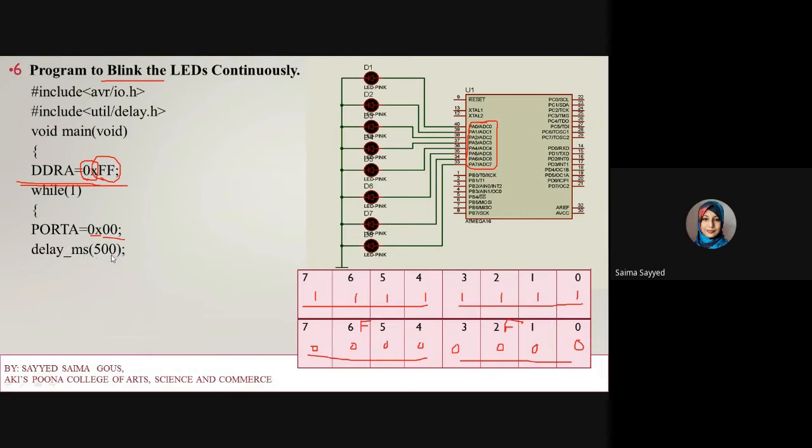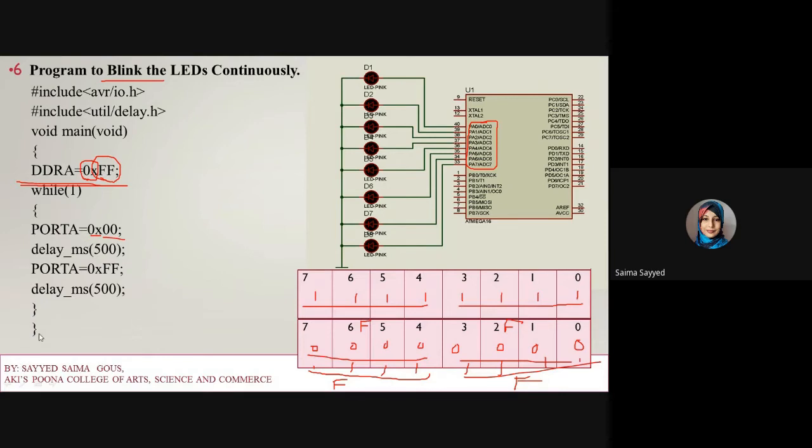After 500 milliseconds, all LEDs should glow. To glow the LEDs we have to make the pins high, so all pins will be 1 1 1 1 1 1 1 1. That is F and F, so pass the value 0xff and call the delay, and this will blink the LEDs continuously.